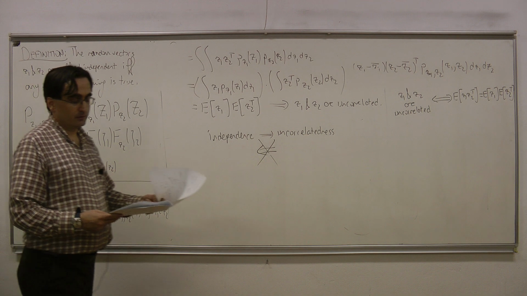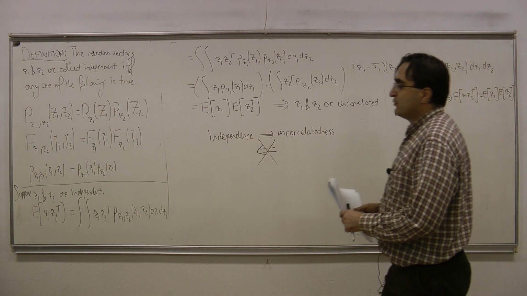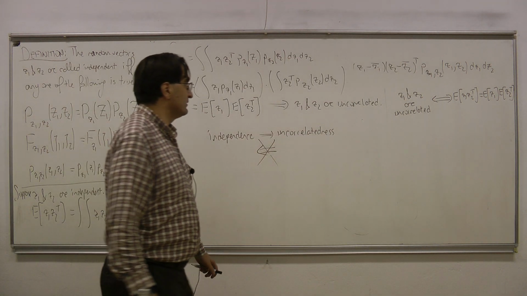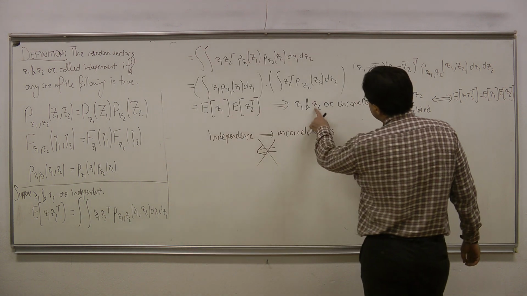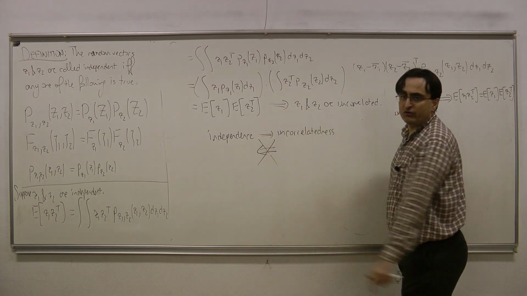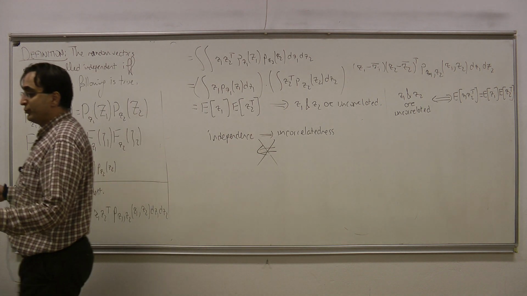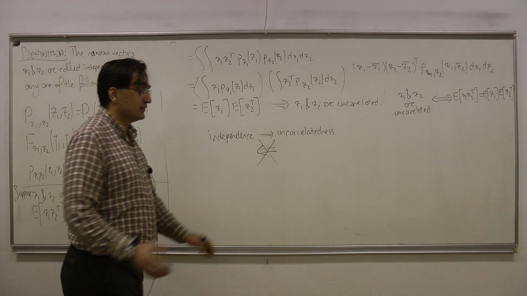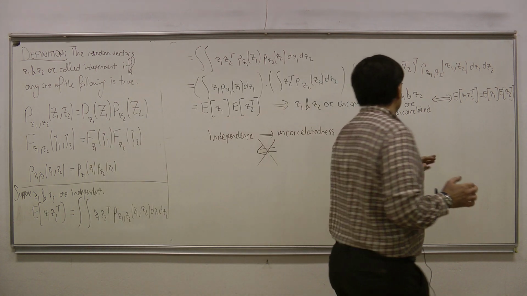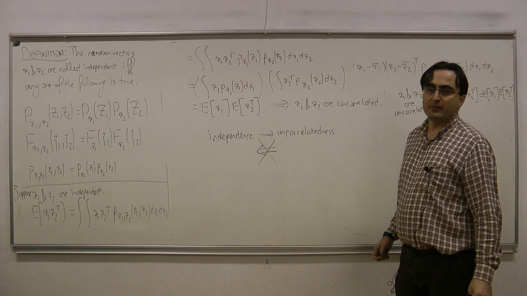So here, now we're going to go into the concept of conditioning. When random variables are not independent, which means they have a relationship between each other somehow, then knowing something about one of the random variables would give us information about the other random variable.